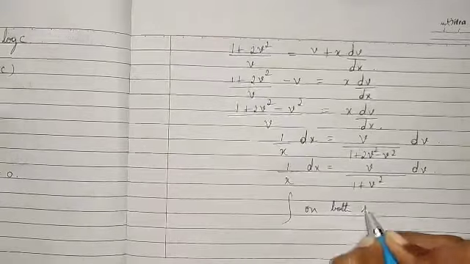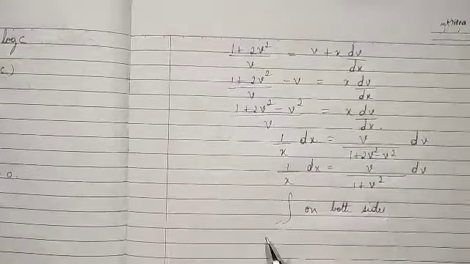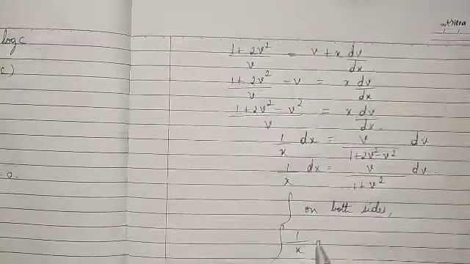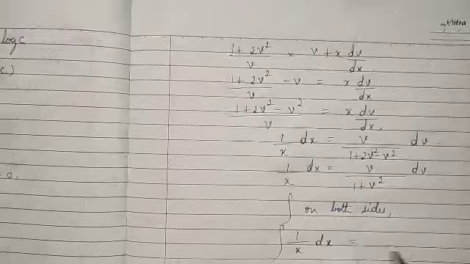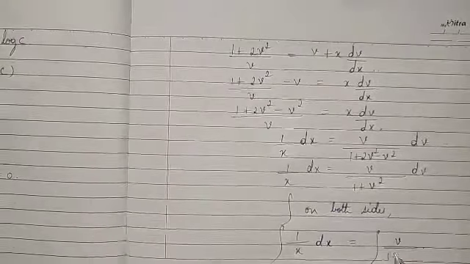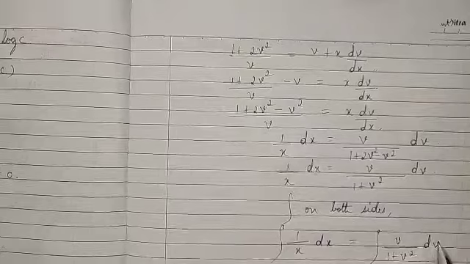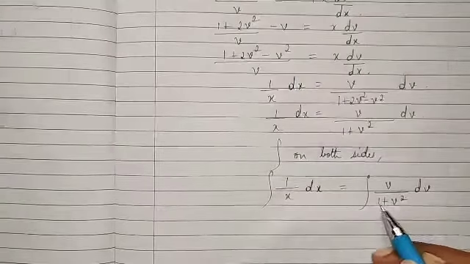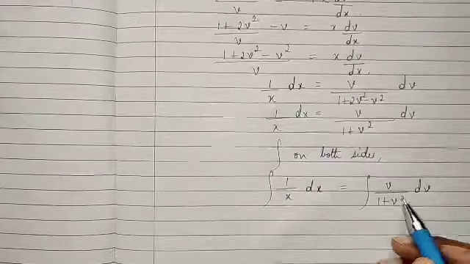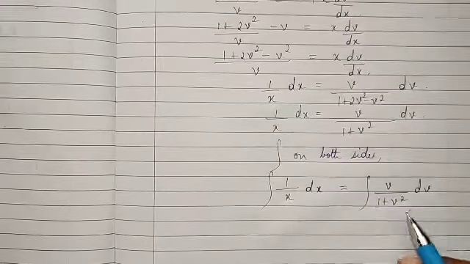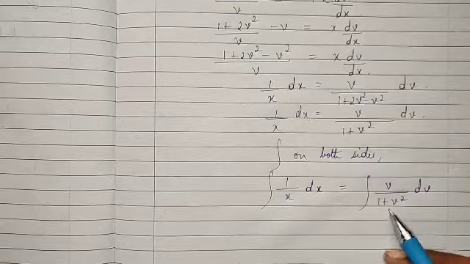So integrating on both sides, what do we get? We have integral of 1 by x dx is equal to integral of v by 1 plus v square dv. So now if you observe carefully here, if you differentiate this, to get the numerator, you are missing the 2 here, right? Differentiation of this is what? 0 plus 2v, right?